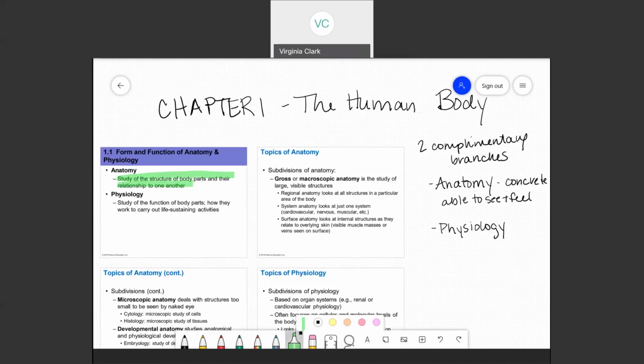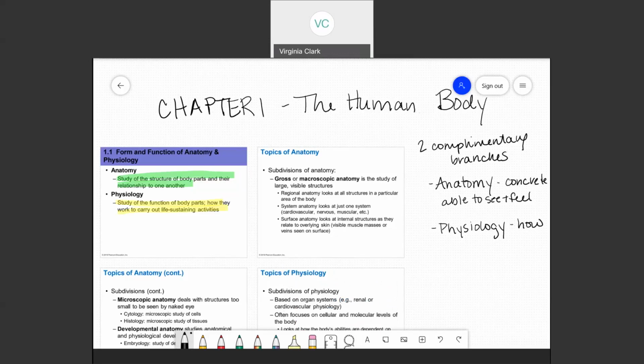The physiology is going to be slightly different. The physiology is the study of the function and how it works. So rather than what you can see and feel, the function is going to be how everything is actually put together.